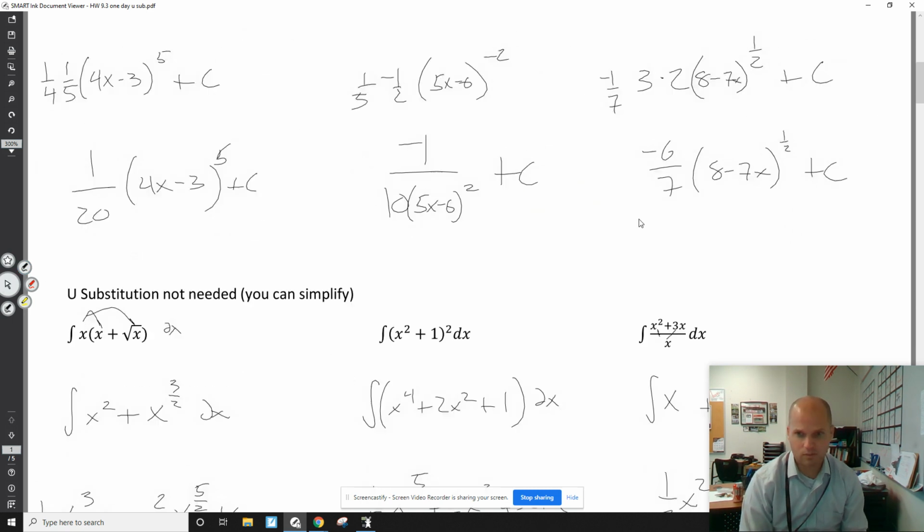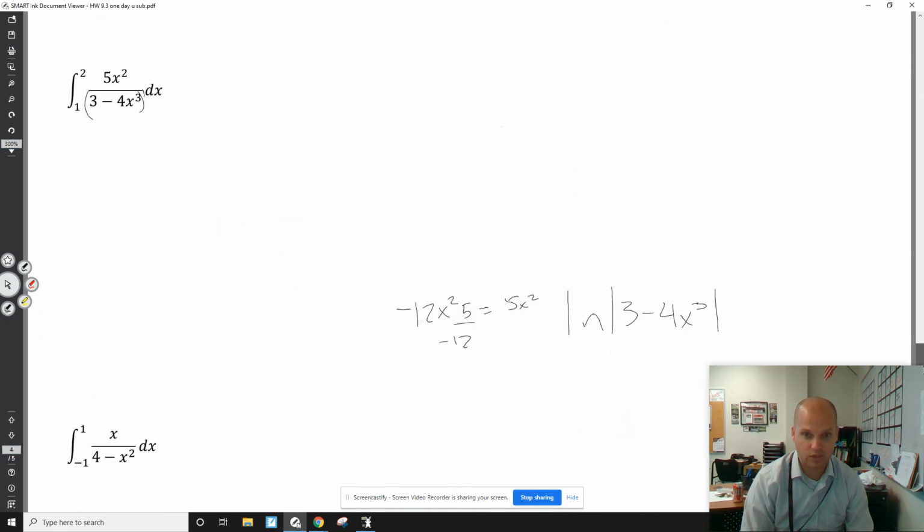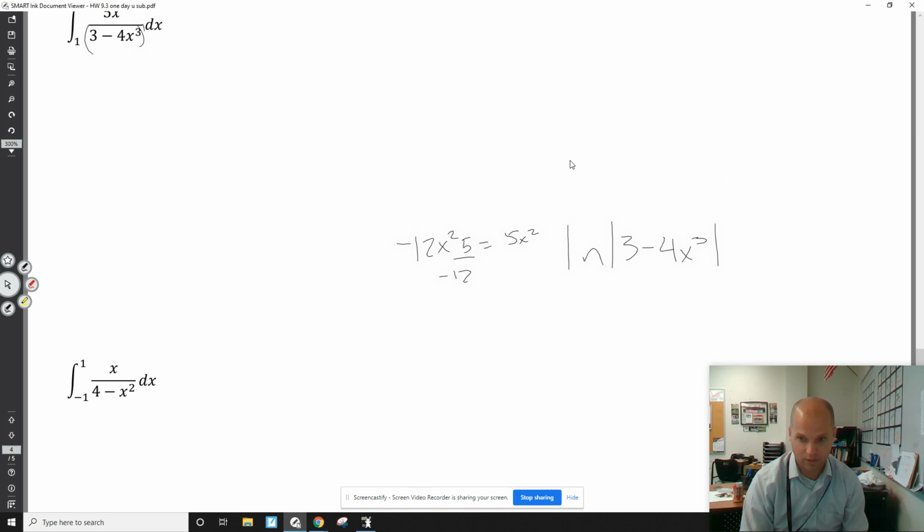And this is me just kind of figuring it out. This is a method to do this, the figure-out method, to understand that the derivative of the inside is going to be negative 12x squared. I don't want that. I need 5. So I need to get rid of the negative 12 and leave 5. So that's why I need a negative 5/12. Let's see if that works.